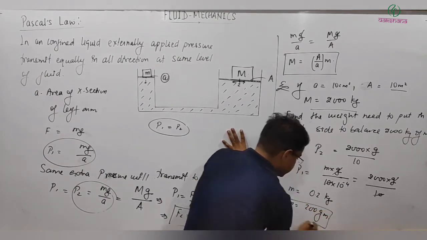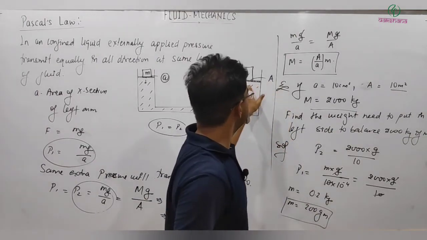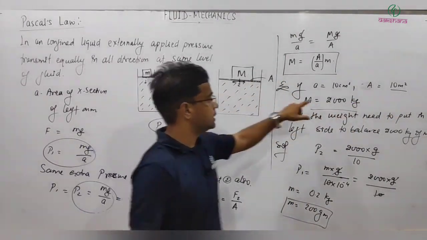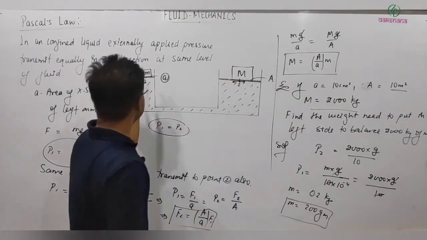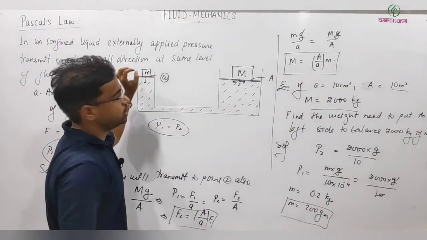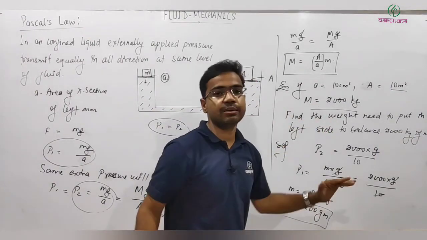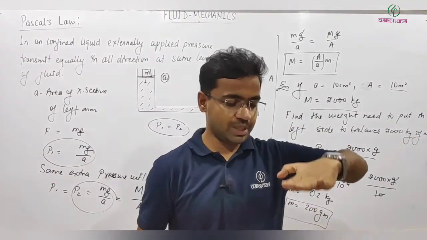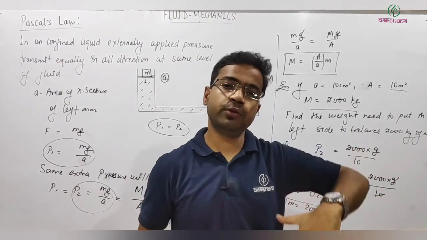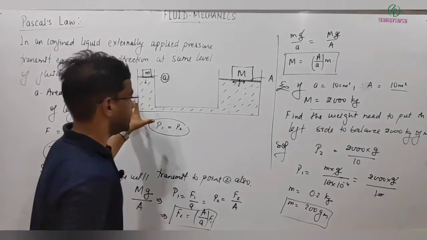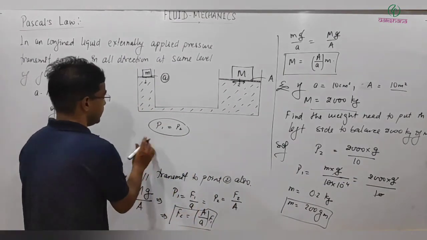So now you can see, if the area on this side is 10 meters square and the area on this side is 10 centimeters square, by just putting 200 gram weight here, you can balance 2000 kg weight. That is the principle of the hydraulic lift. By just a small force, you can balance a heavy object, and this is the application used in the hydraulic lift.